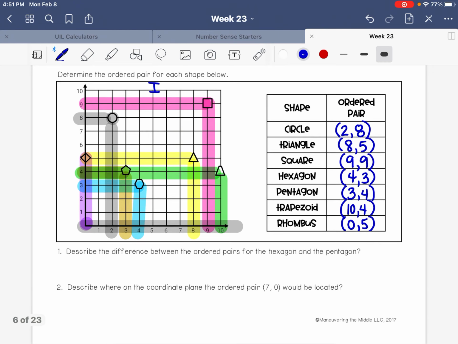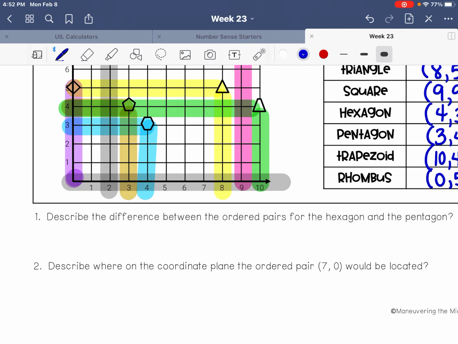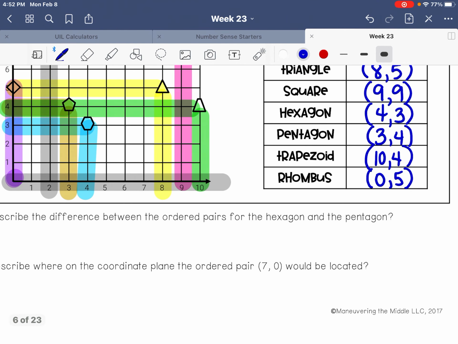Okay, now it says describe the difference between the ordered pairs for the hexagon and the pentagon. Well, the hexagon and the pentagon have the same numbers, but they're reversed, which puts them in a different location.